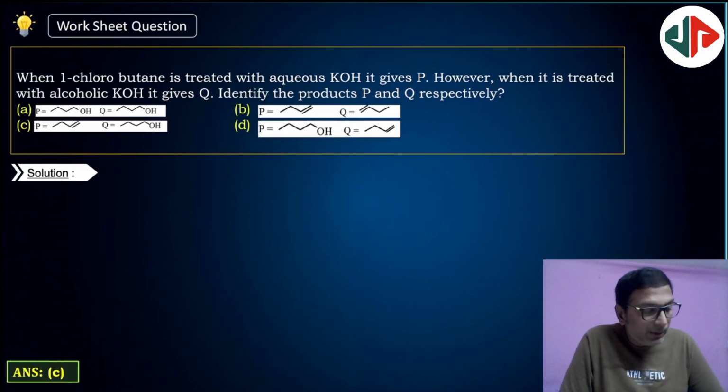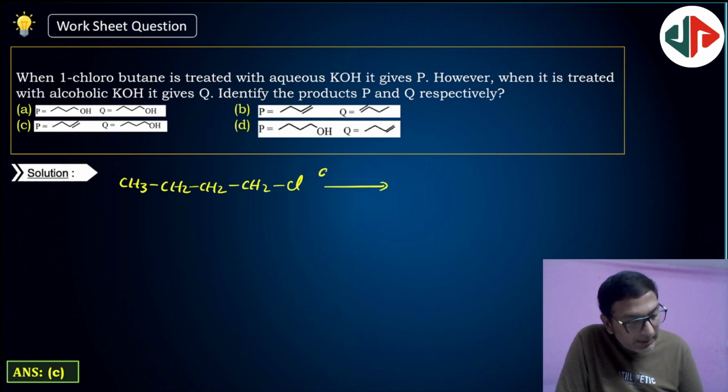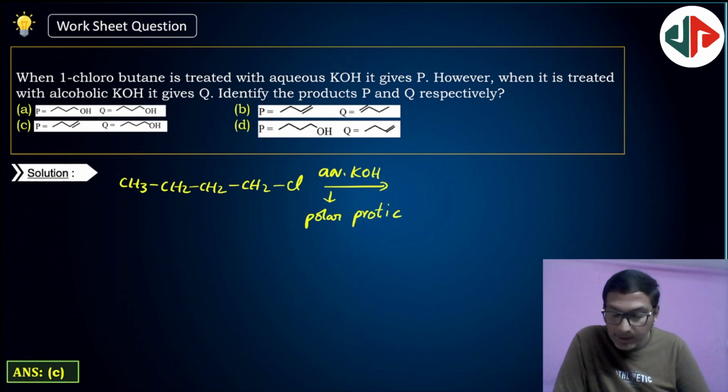When 1-chlorobutane is treated with aqueous KOH, it gives P. Aqueous means a polar solvent, polar protic solvent, so here elimination is favored.